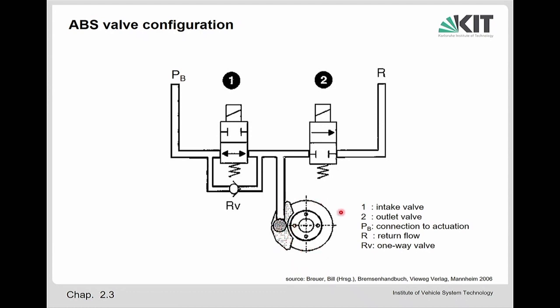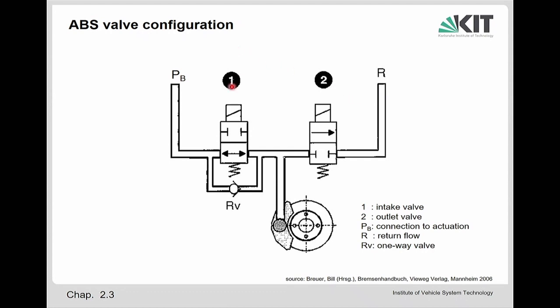And if the pressure was already too high, then it's possible, if this is closed, that the second valve, which is normally closed, can be opened. So there is a current used. If the current is flowing in the valve, it opens, and then the pressure can be released. This line goes to the reservoir, a small reservoir where the fluid can go in, so this will reduce the pressure.